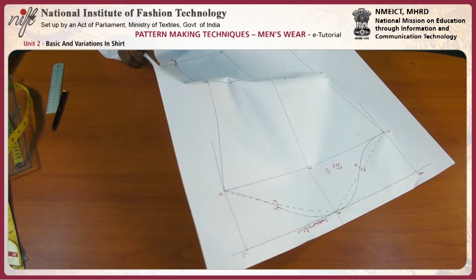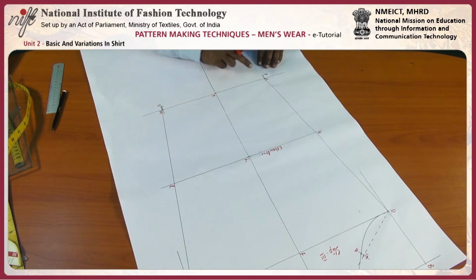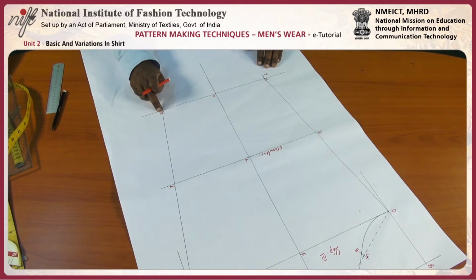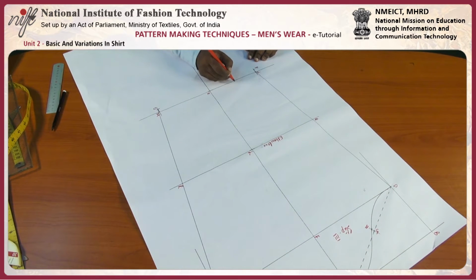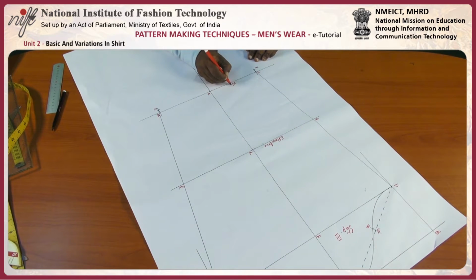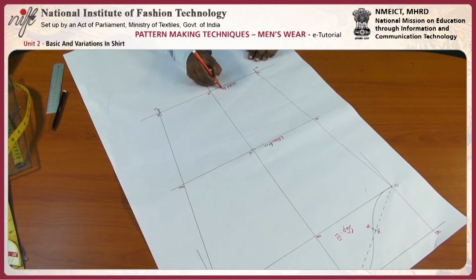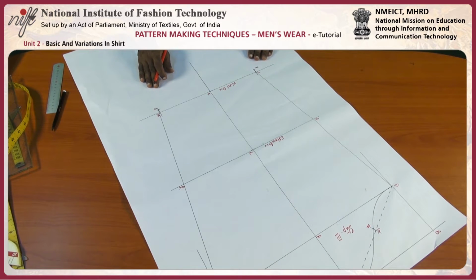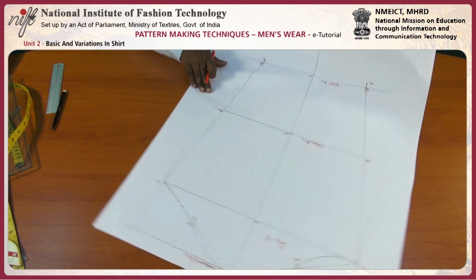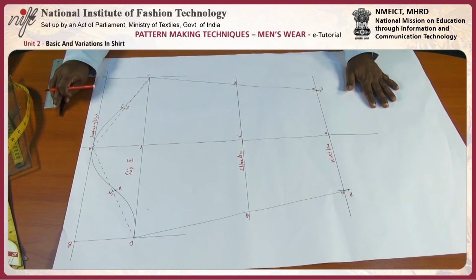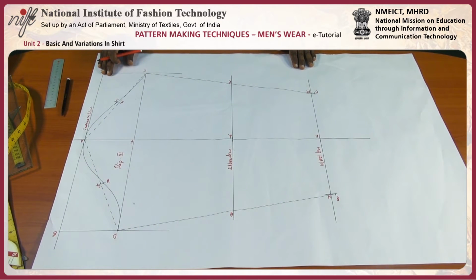Then points NKM will be the wrist line. With this, we are concluding step 3.